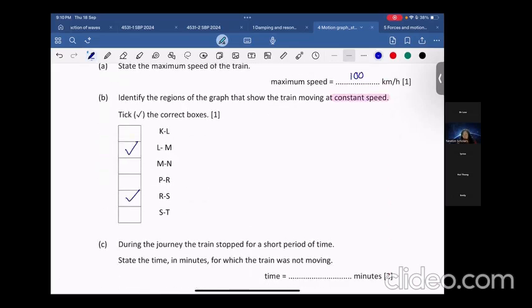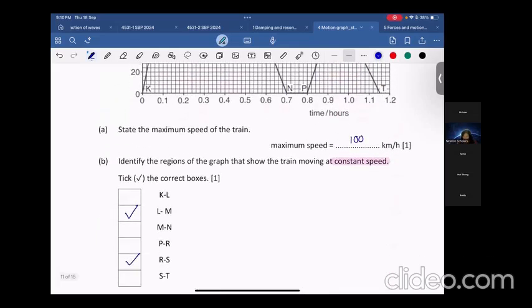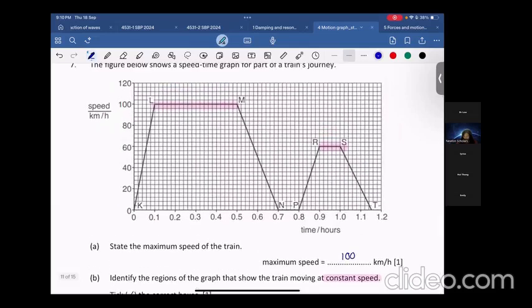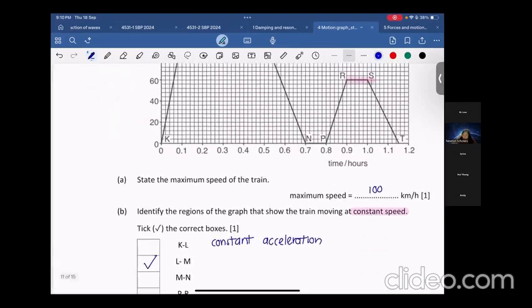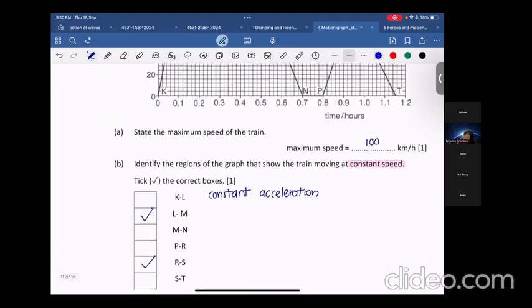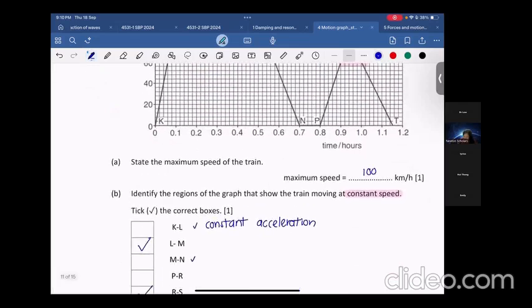Okay, but not only at here. I want you guys continue. KL, starting at here, you write down constant acceleration. Okay, I want you guys write it down for me. What is MN? Type in your chat box.